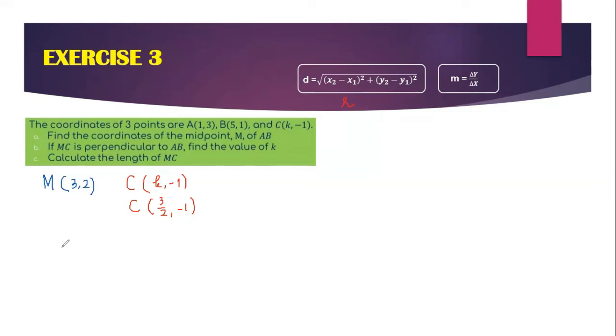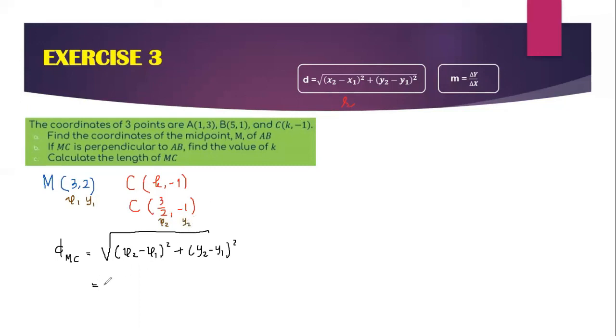So distance of MC equals root of x2 minus x1 squared plus y2 minus y1 squared. Now we're going to identify first. This one is x1, this one is y1, this one is x2, and this one is y2. Now we're going to insert the number.